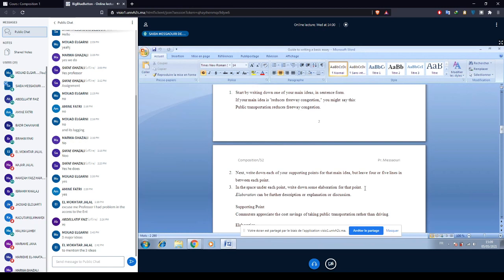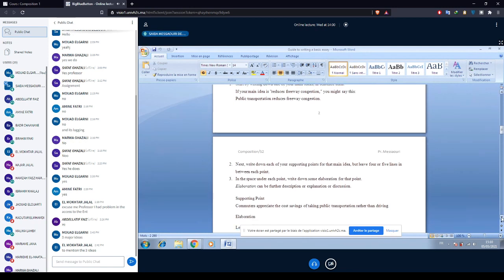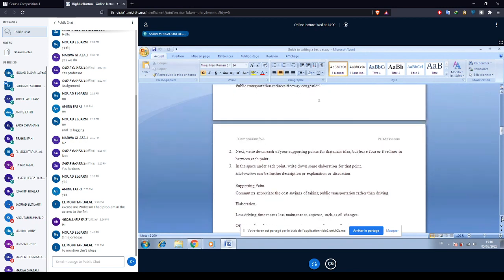You need space, you need to explain. So just to put one major idea and put down 3 minor ideas like this, just to throw them down without explaining, it's not sufficient. So in the space under each point, write down some elaboration for that point. What do we mean by elaboration?